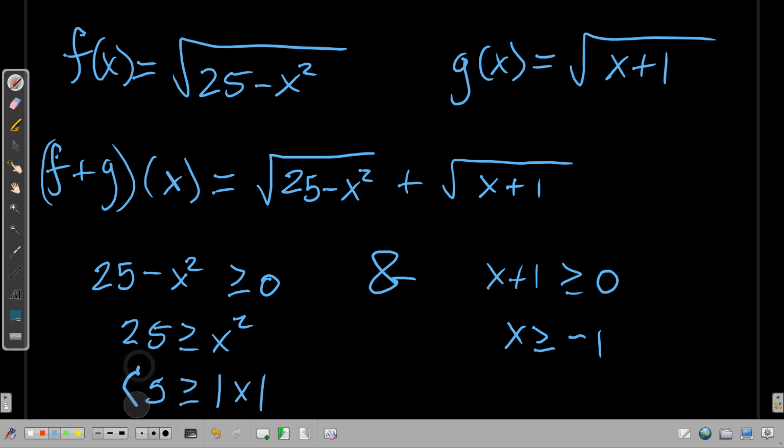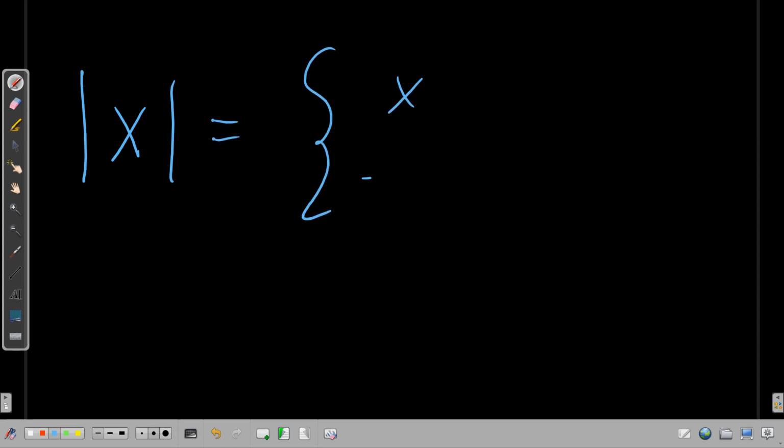It's not a problem here, but let me tell you the definition. So we had a definition for absolute value earlier in the semester. It was this piecewise defined function where you just use the symbol inside the absolute value if it was bigger than or equal to 0, but you tacked a negative onto the front of it if it was less than 0.